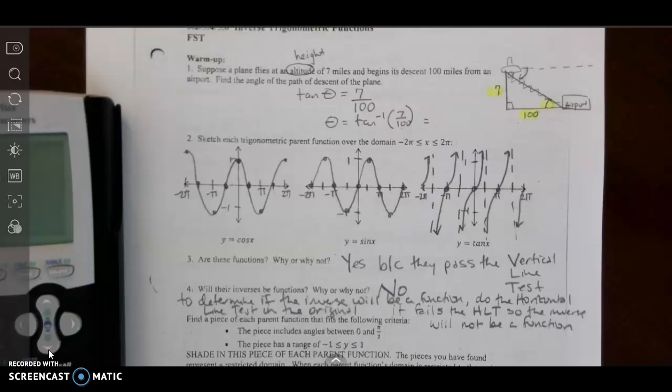Now, you might be wondering, okay, so the inverse isn't a function, that's fine. But that isn't fine, because the thing that we like about functions is that when you put something into a function, you know that there's only one answer that can come out.